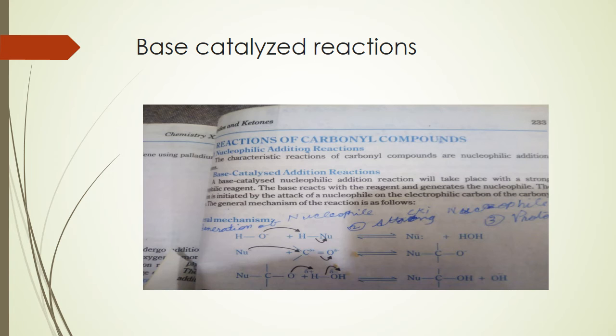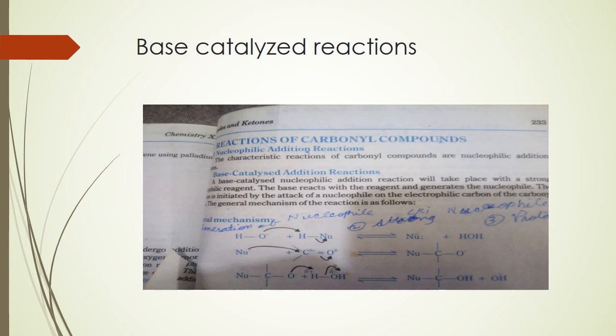And number three, the oxygen of the addition product carries the negative charge, which is compensated by a proton, and you can say recovery of the catalyst, because the base is used as a catalyst, it must be recovered at the end of the reaction. So first of all, OH negative reacts with the nucleophile. OH easily abstracts the proton from the nucleophile, forming water, and the nucleophile carries the negative charge.